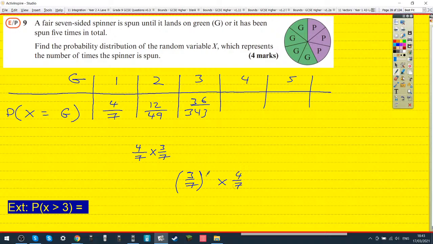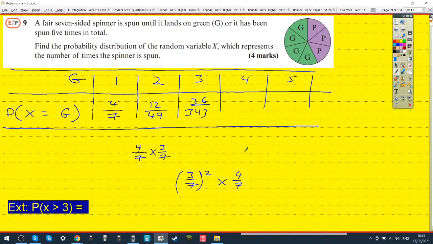Squared. Next one, it's the same, so 3/7 cubed times 4/7. That's 108/2401. And so for the last one, just 1 minus all those results.